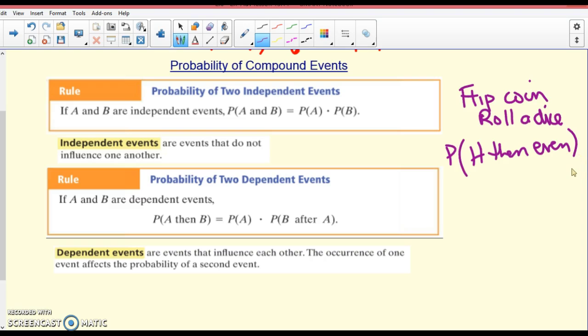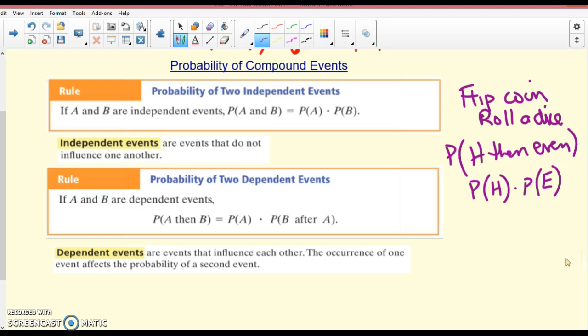Well, this is the rule. When you are doing heads and then an even, you need to take the two probabilities and multiply them. So I'm going to write it like this: probability of heads times probability of an even. You're going to actually want to write that down. Now, let's think about a coin.